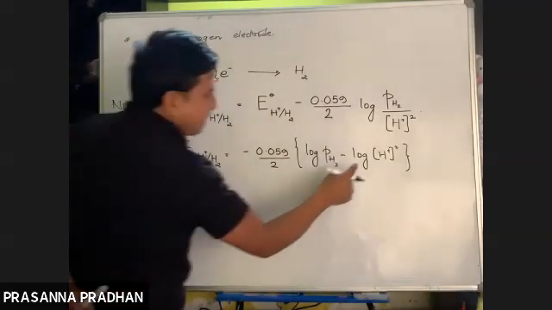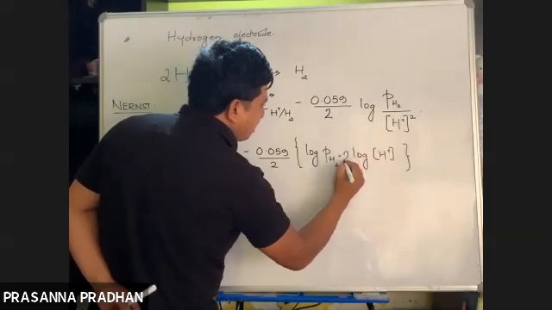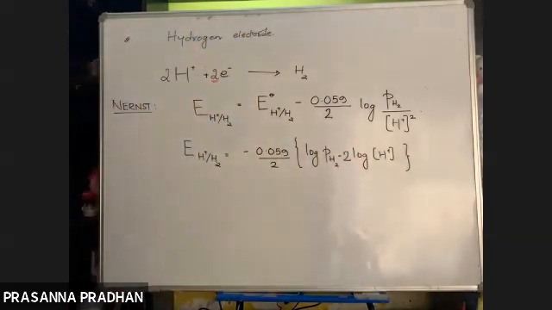Now again I can modify this, log a to the power x, so I can write this as minus 2 log H positive ion.